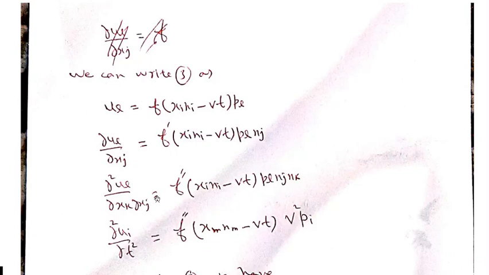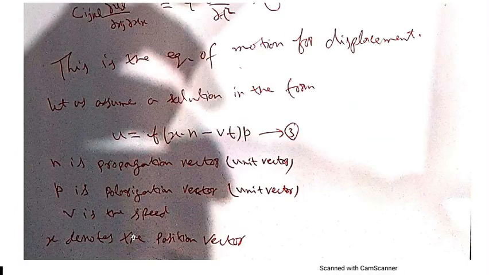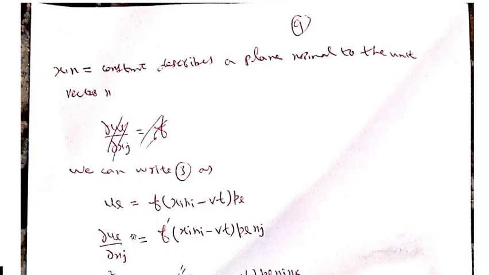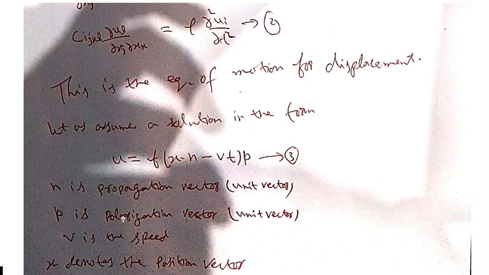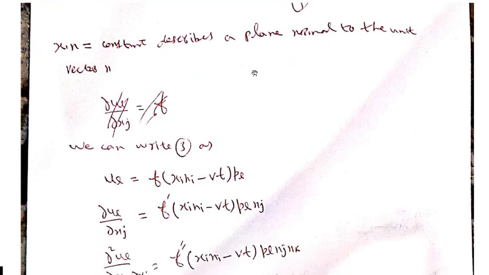Why have we written i here? Because we have i on the right hand side of equation number 2. You can see that on the left hand side we have the partial derivative of u_l with respect to x_j and x_k, and on the right hand side the partial derivative of u_i with respect to t.